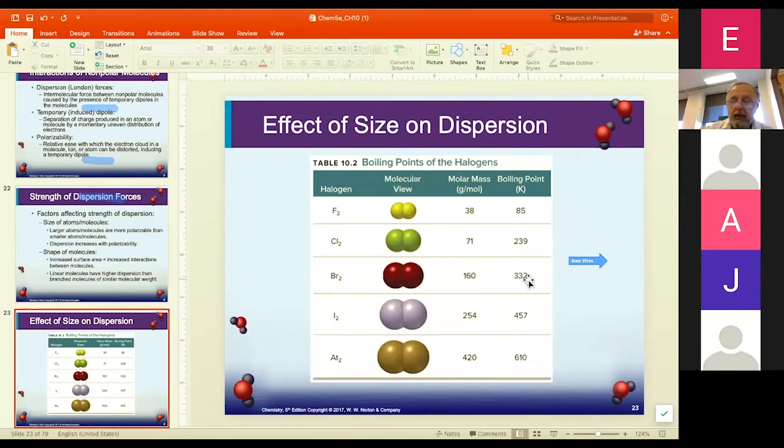It needs more energy. The boiling point is a temperature, and the higher the temperature, the more energy there is in the system. So once you give it enough energy, you can start breaking apart the intermolecular forces between, let's say, bromine, once you get to 332 Kelvin.